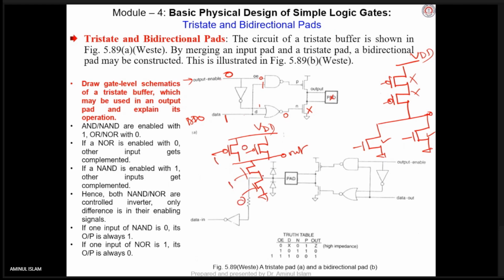The pull down path is broken, and one MOSFET is conducting, and hence out is 1. Is it understood or any doubt? So this is 1, which means it is also non-conducting. So this is at high impedance state.